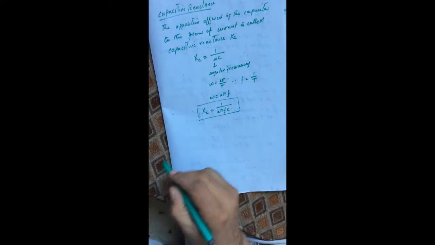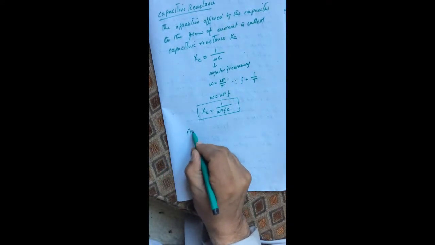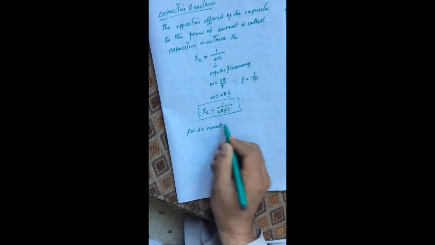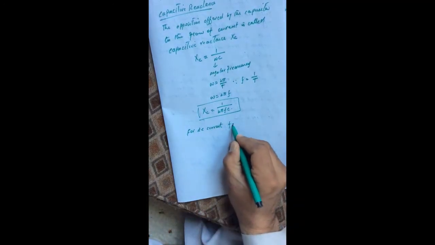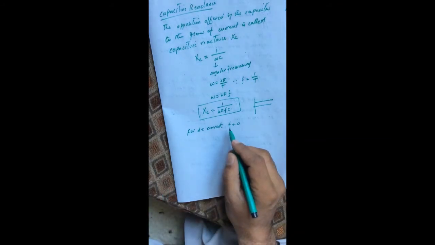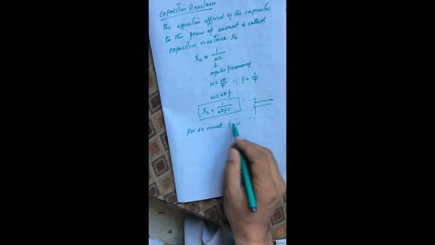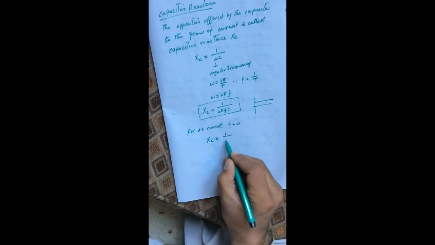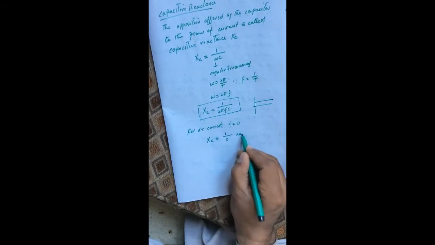Now for DC current, the frequency is 0 because DC is a constant current. Once we put f equal to 0 in the above equation, we have Xc equal to 1 over 0, which is infinity.